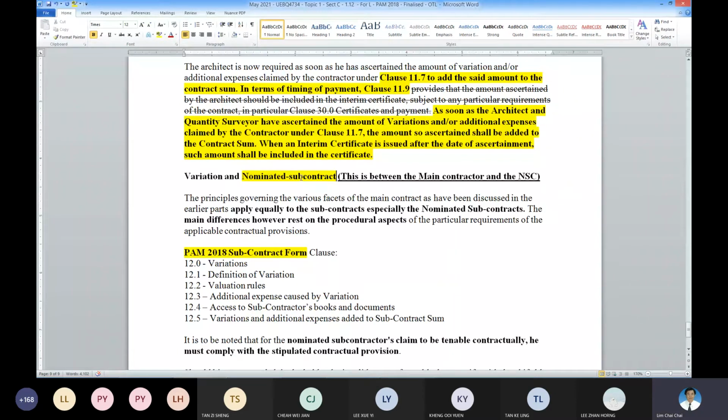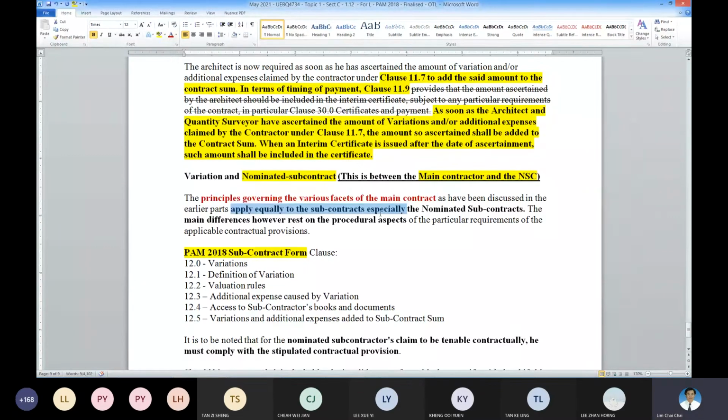So there are two categories of VO. One of them is claimable against the owner. One of them is claimable against the main contractor. So be careful. Here, we are talking about claimable against the employer. The principle governing the main contract is applicable to the NSC's contract.